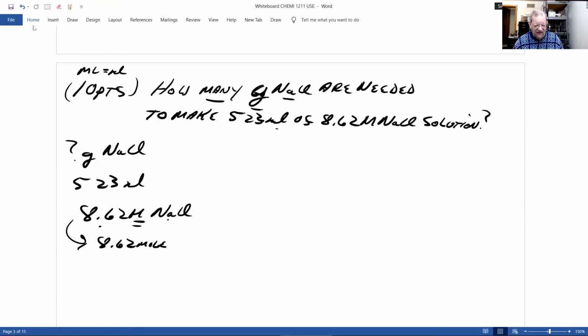And I'll write it down. Now, there is no way I can go from milliliters of a solution to grams. There isn't. What you need is 2 steps.